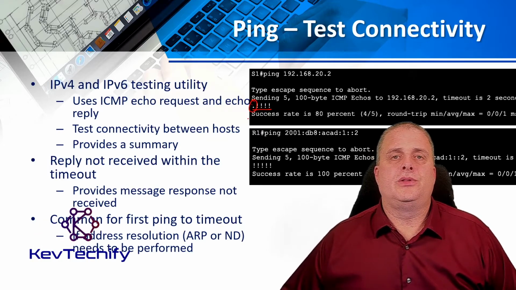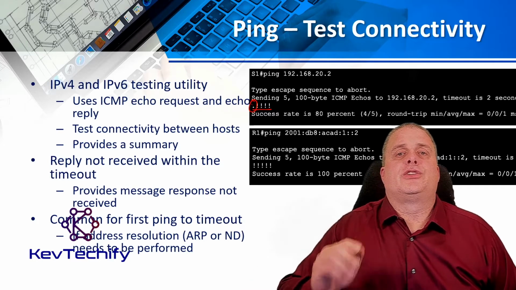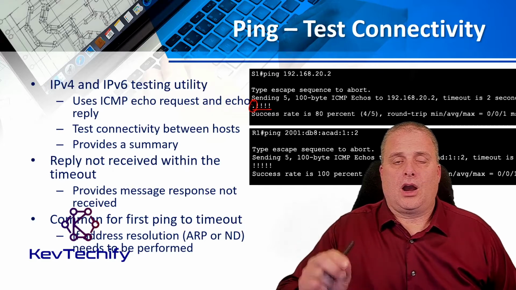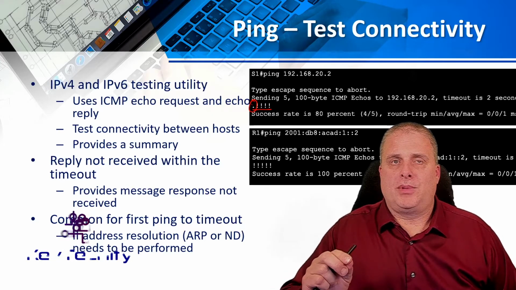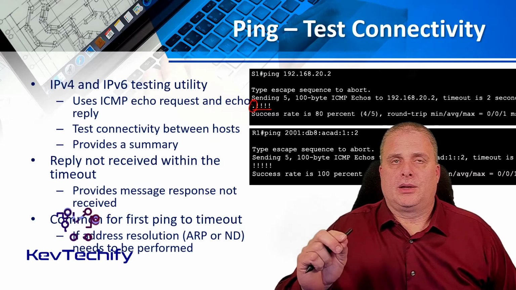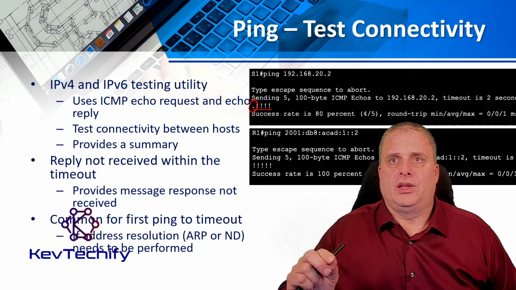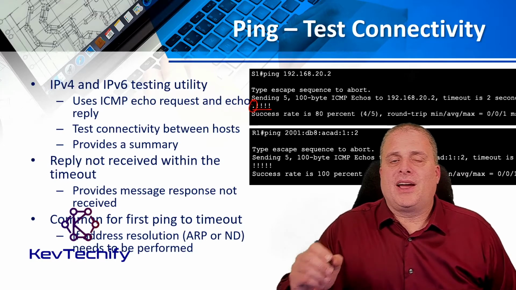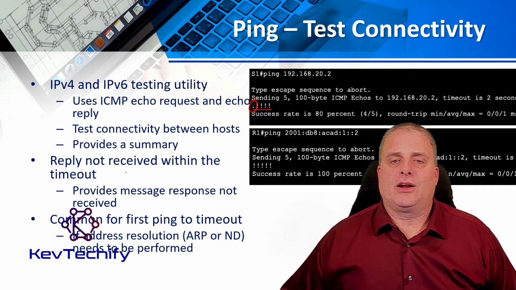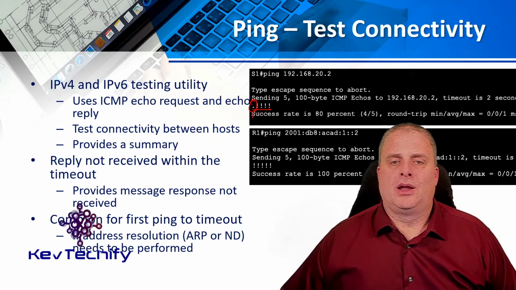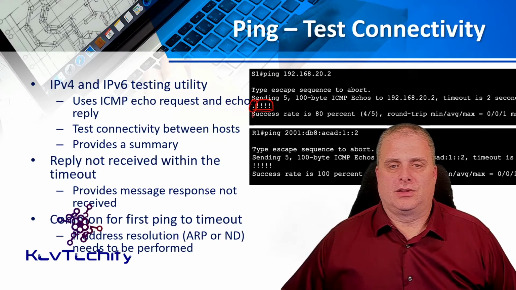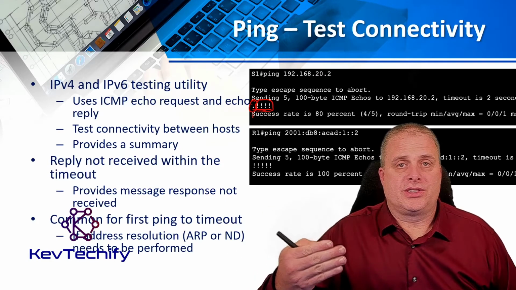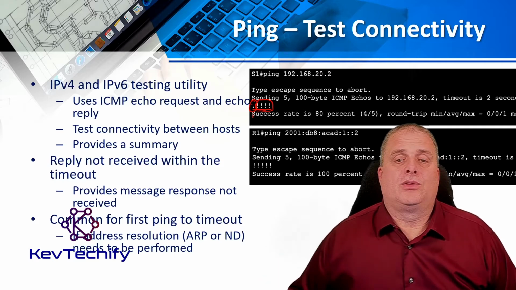That's due to the fact that we have to look up that layer 2 address, whether it's an IP version 4 ARP request or, for IP version 6, the neighbor solicitation and neighbor advertisement process. By the time it finds that MAC address, that first echo response times out. But then the other 4 are successful. If you do that same ping again while the MAC address tables are still current, all 5 will work.